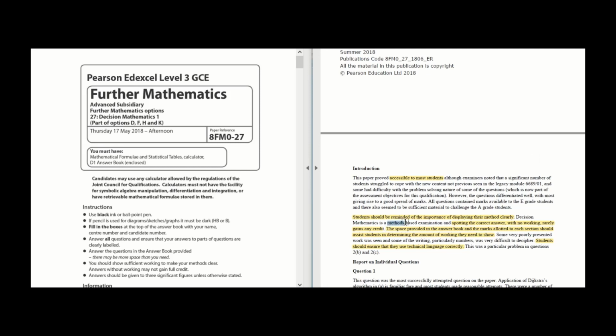This is a methods-based examination, so if you spot the correct answer but give no working, often that could lead to 0 marks essentially. So I would advise, particularly in this module, to make sure you show all your working. Now, the space provided in the answer book and also the number of marks allocated to each question should indicate to you the amount of work you need to do for the question.